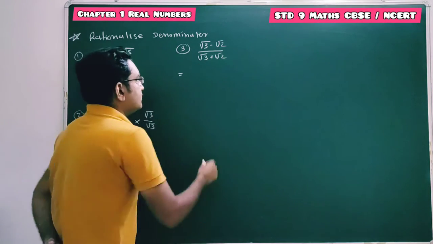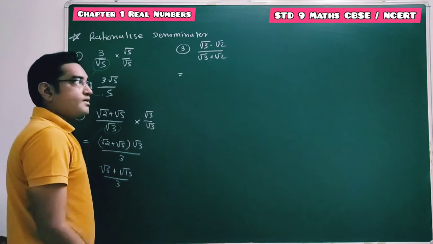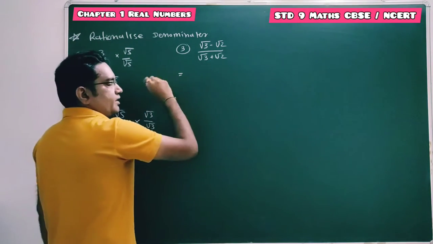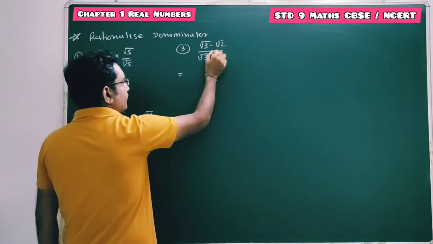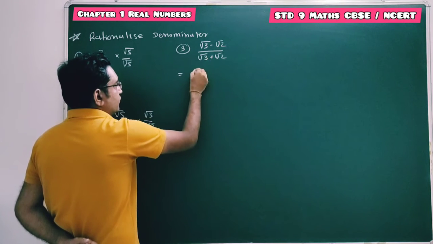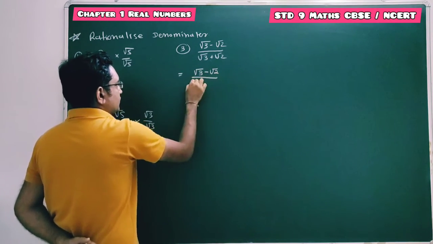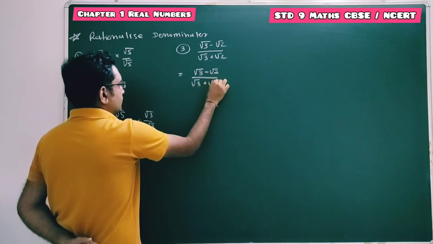So now we have to convert this irrational denominator into a rational denominator. We have to perform rationalization. For that we have to multiply with the proper rationalization factor. For this type of term, what is the rationalization factor?